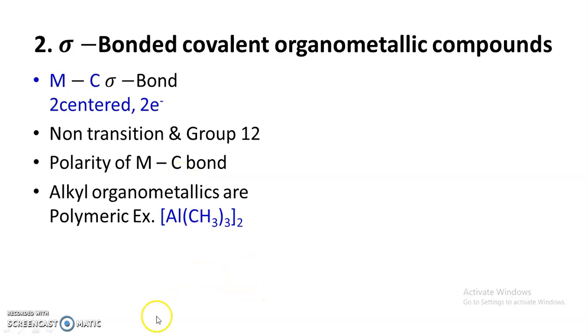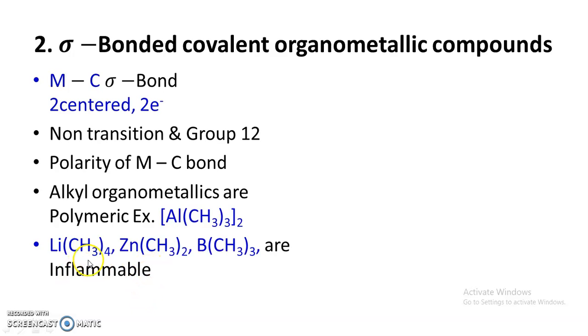Next important character is that many alkyl organometallics exist in polymeric state. For example, trimethyl aluminum exists as a dimer.